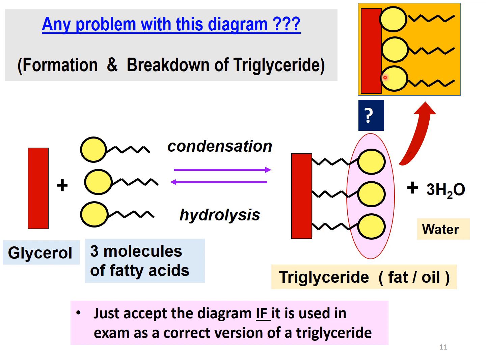So it should be something like this. If you want to draw it like that, the circular part is the carboxyl group. It reacts with the hydroxyl group of the alcohol called glycerol. Okay, and the hydrocarbon chain does not react with the alcohol. Okay, the zigzag shape.